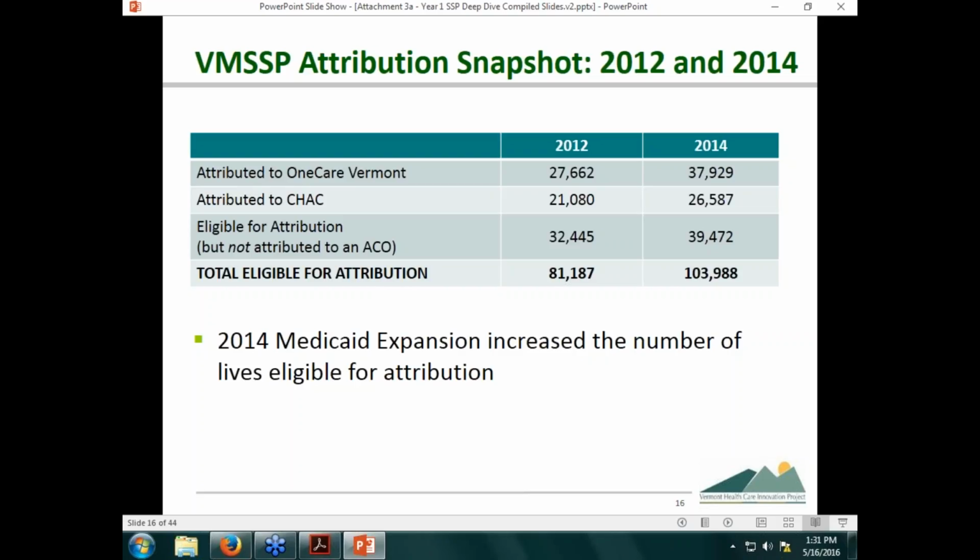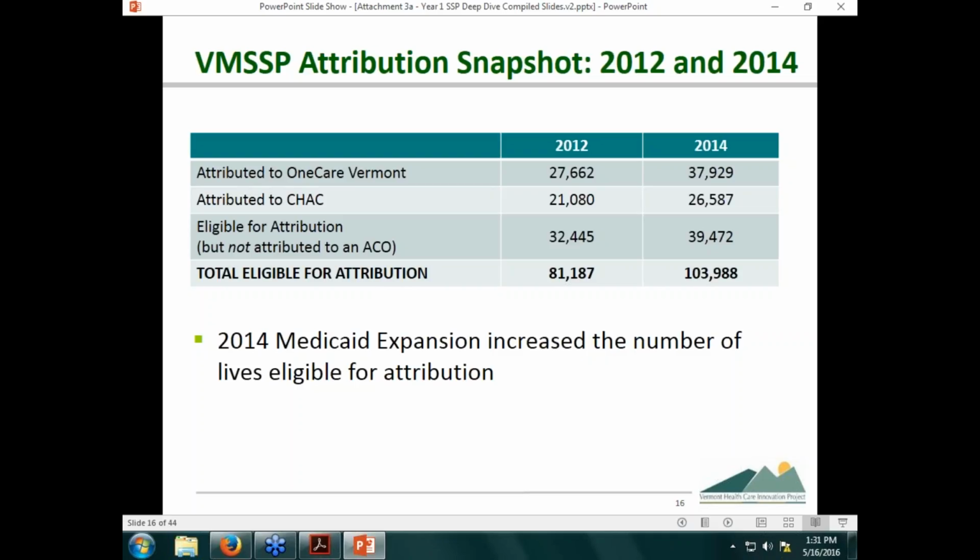There was the possibility that these folks would have a lot of pent-up demand for services. They might be in more need of services, and that might result in them being particularly high utilizers of the healthcare system. And there's also the possibility that they would really access the system pretty minimally in their early months of eligibility, and that they would therefore be pretty low utilizers of the healthcare system.